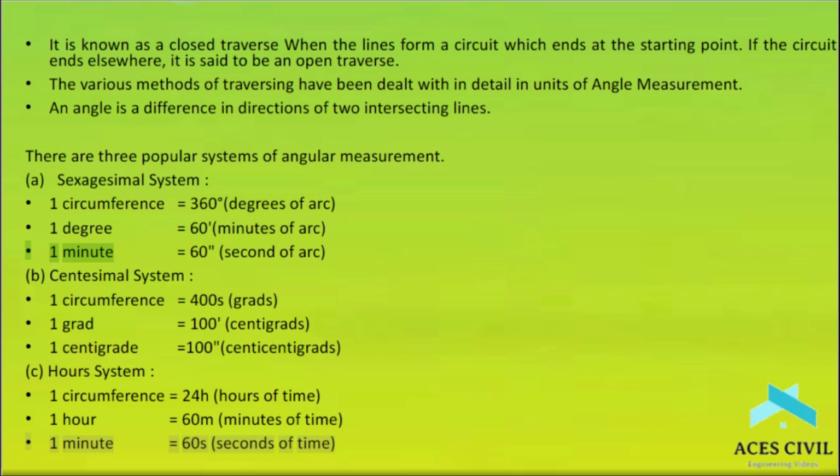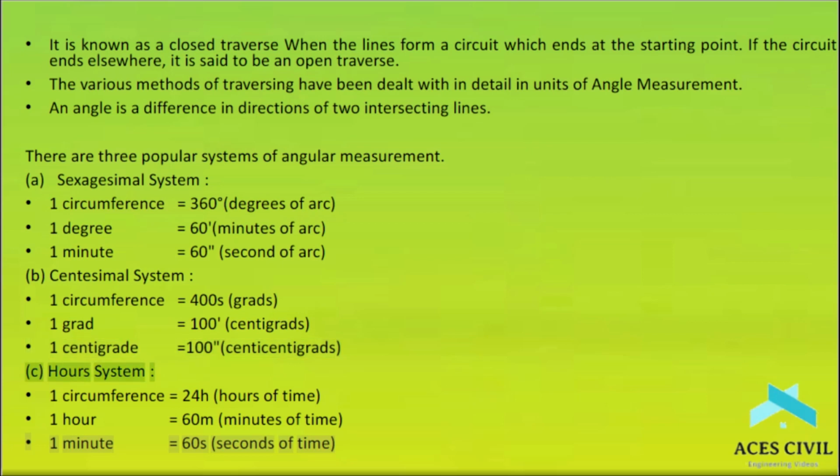1 minute equals 60 seconds of arc. B. Centesimal system. 1 circumference equals 400 grads. 1 grad equals 100 centigrads. 1 centigrad equals 100 centigrads.